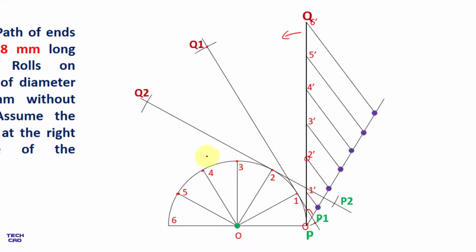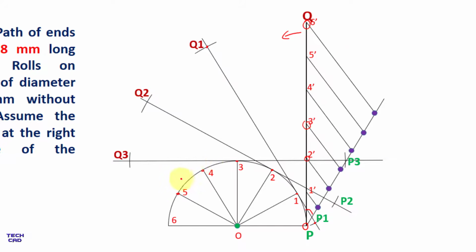Next position: measure from 3 dash to Q, put your compass over here and mark an arc over here and name it Q3. In the same way, measure 3 dash to P, put your compass on 3 and mark an arc over here, and this is the P3 point.